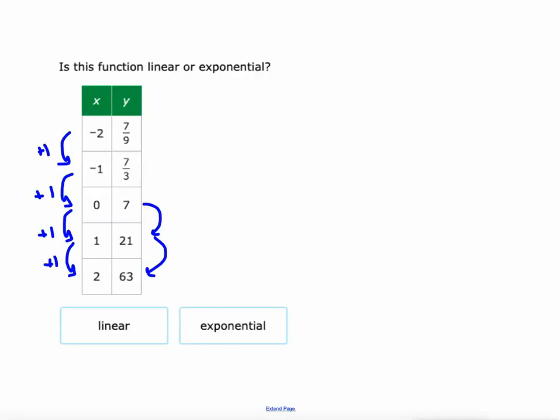So it must be exponential. It's really just multiplication by 3. 7/3 times 3, the 3's would cancel out and leave you with 7. 7/9 times 3, or 1/3 of 7/9 would be 7/3. So that is exponential because it's constant multiplication of the y values.